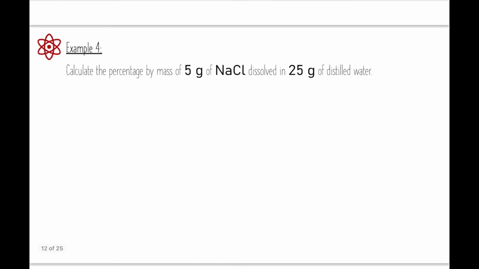Let's try example number 4. Calculate the percentage by mass of 5 grams of sodium chloride dissolved in 25 grams of distilled water. So here is the mass of sodium chloride, which is our solute, and 25 grams of distilled water, which is the solvent.